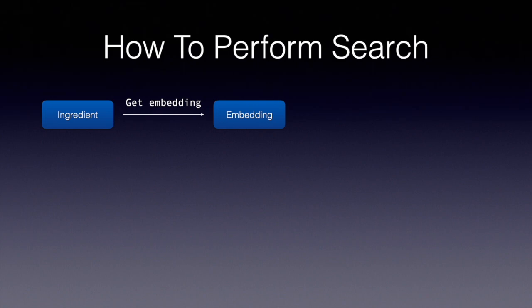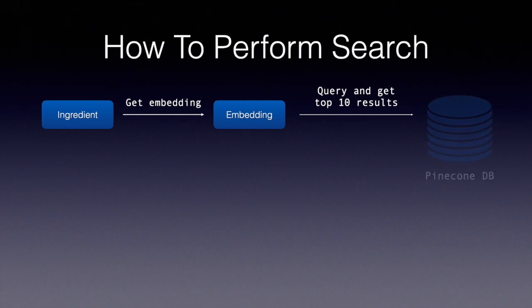Once we get the embedding, next we write a query to fetch not all the embeddings, but the top 5, top 10, whatever. In the demo I showed, I was doing the top 5 results. The embedding is a list of floating point numbers.